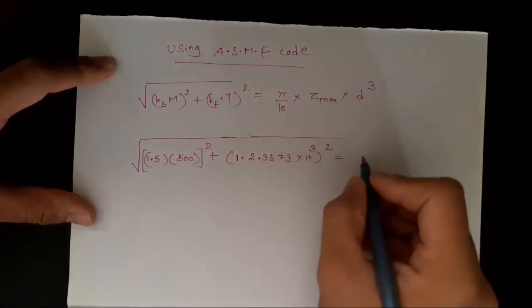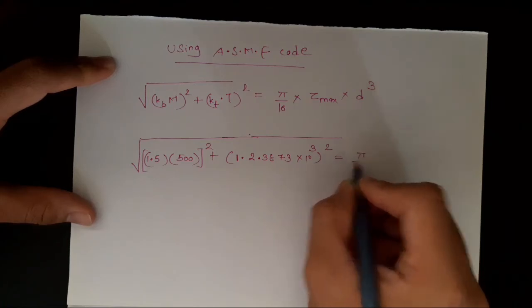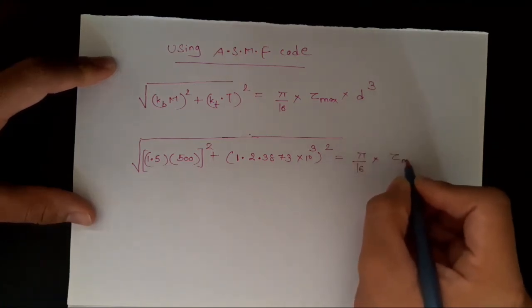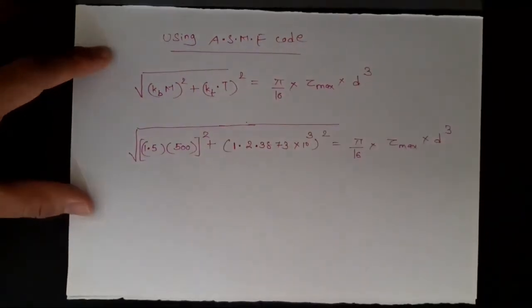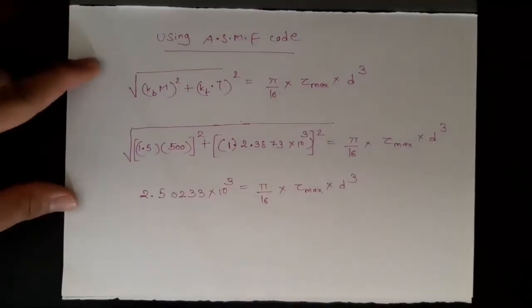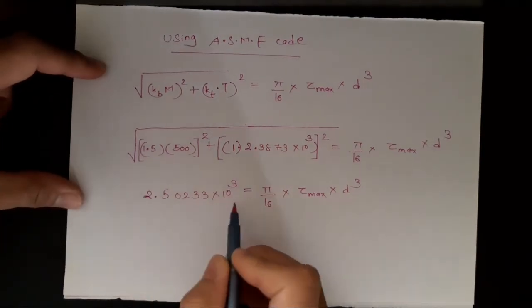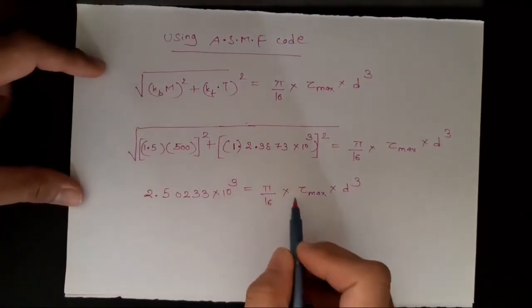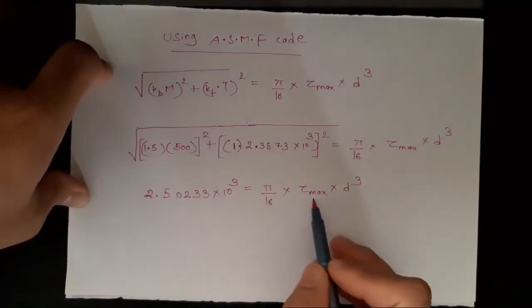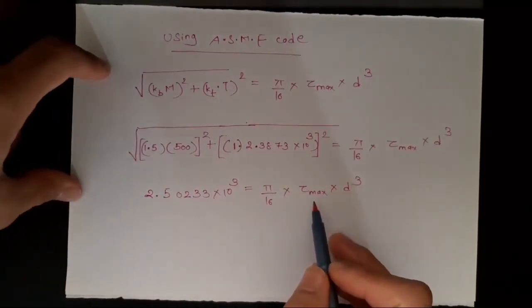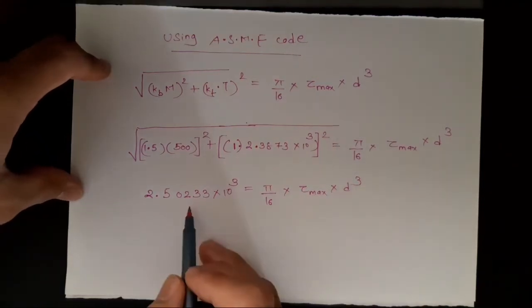So here is pi by 16 into tau max into d cube. Solve this side first. We will get 2.50233 into 10 raised to 3 equals pi by 16 into tau max into d cube. Here this is in meter and tau max is given in Newton per mm square, so we have to convert this into mm.